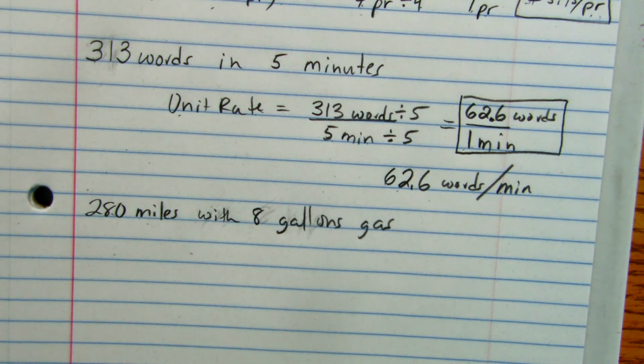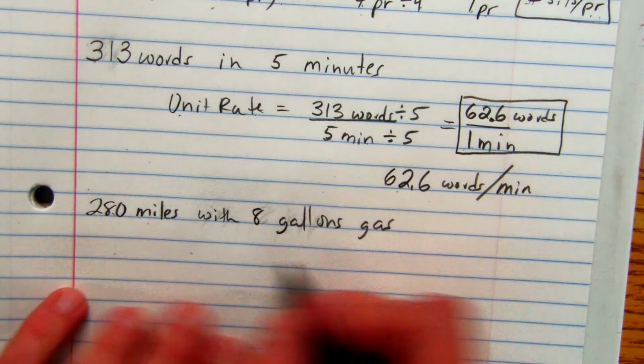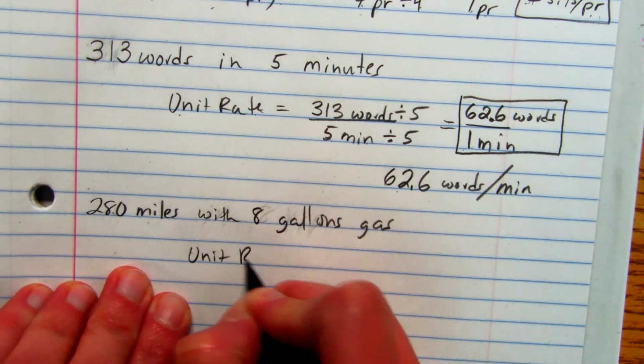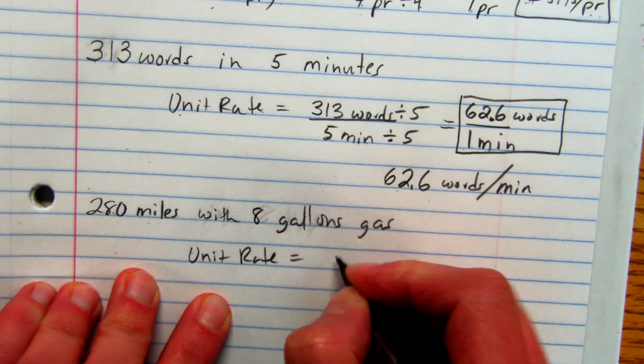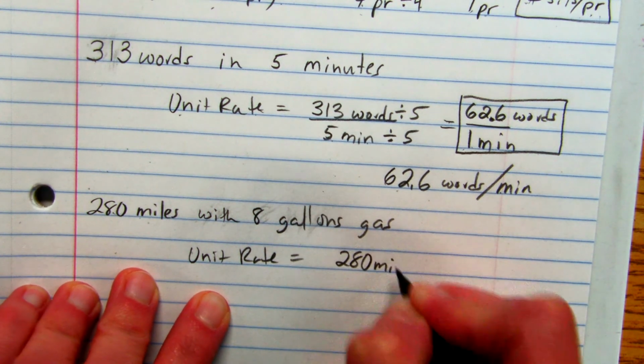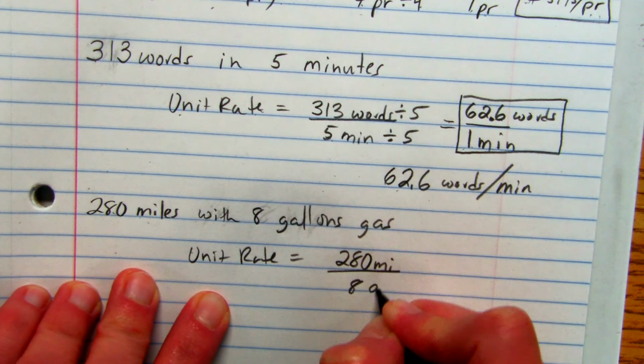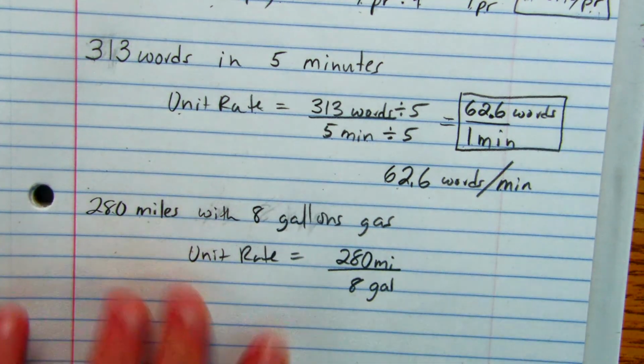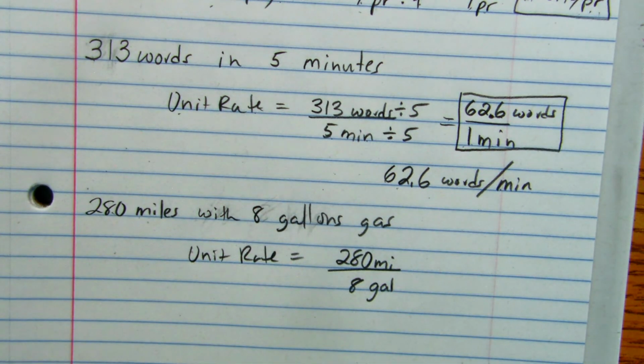And so when we're doing this, they usually want you to have miles per gallon. So if I'm doing my unit rate, I'm going to set that up 280 miles and 8 gallons. And I'm using those abbreviations that we learn at some point. Just remember, miles is MI and meters is M, and there's a big difference between a meter and a mile.